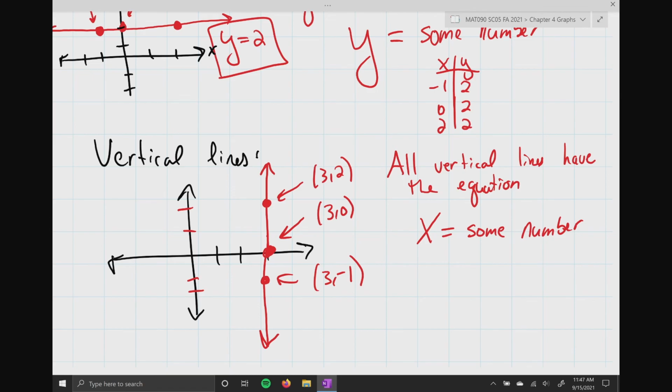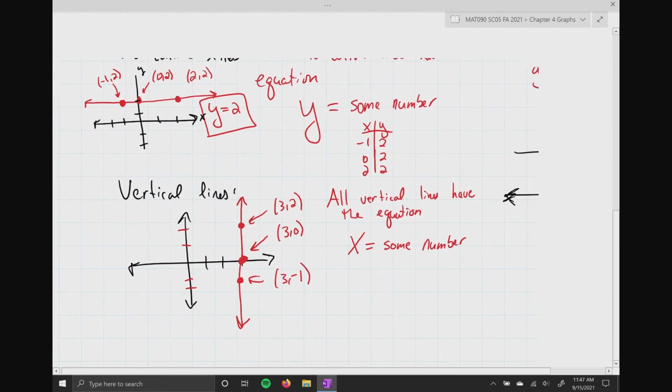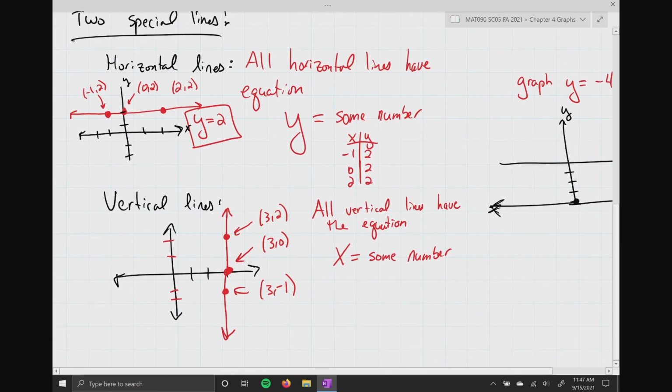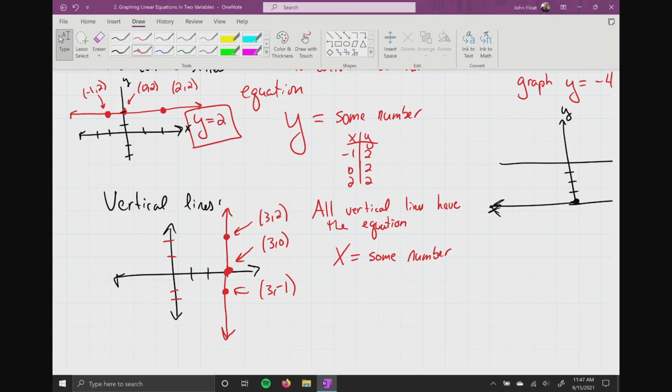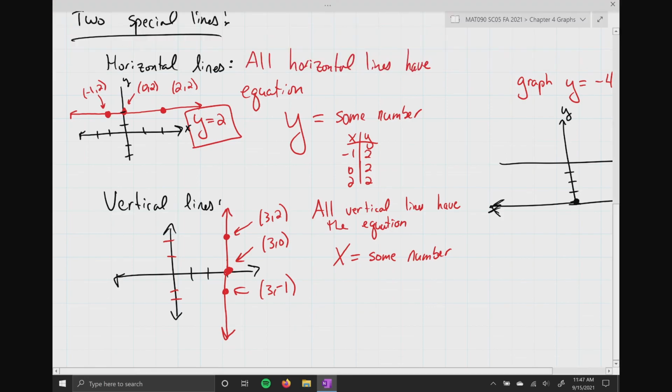Wherever X is, you just go up and down. Just like what we did with the previous example, which was horizontal lines. So, let me give you an example. I want you to graph X equals -1. I'll give you a second. Go ahead and graph that on your own. And then I'm going to do the answer, and you compare.